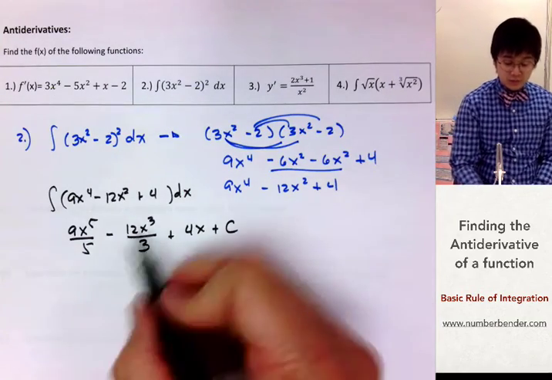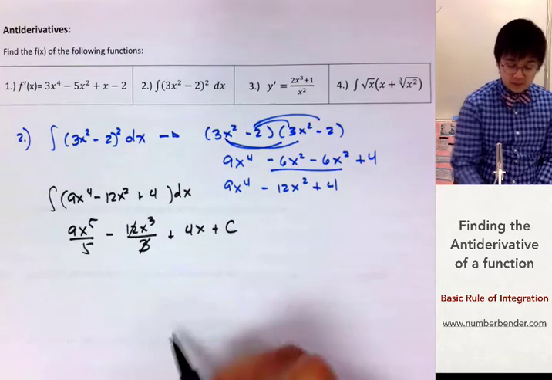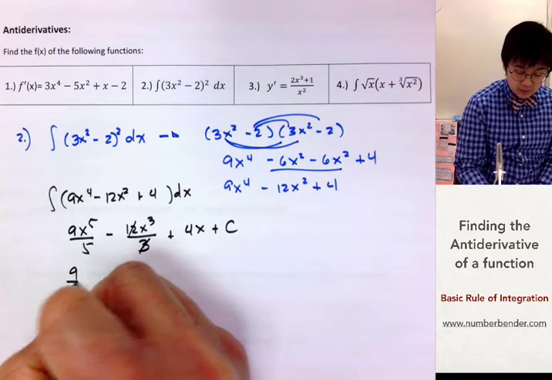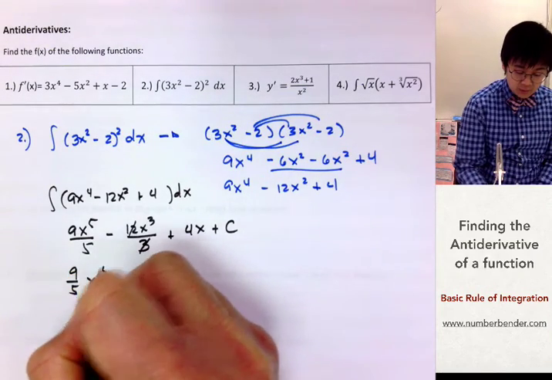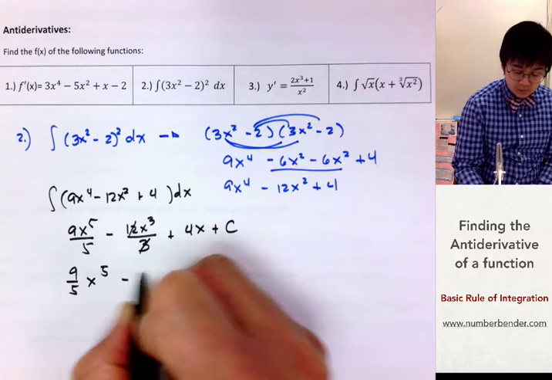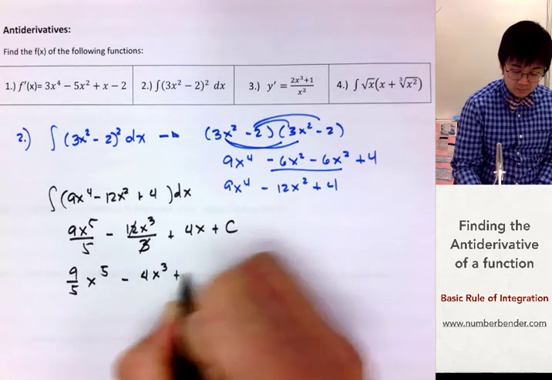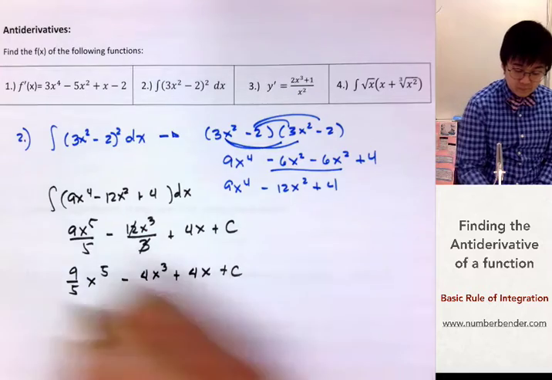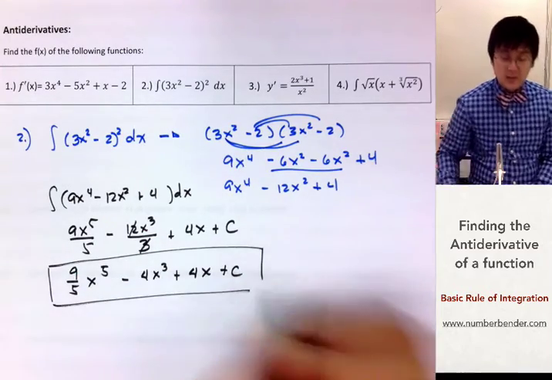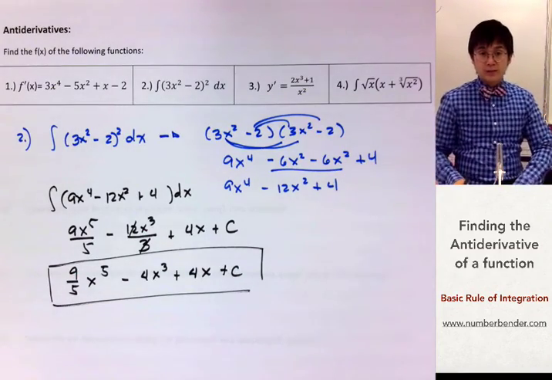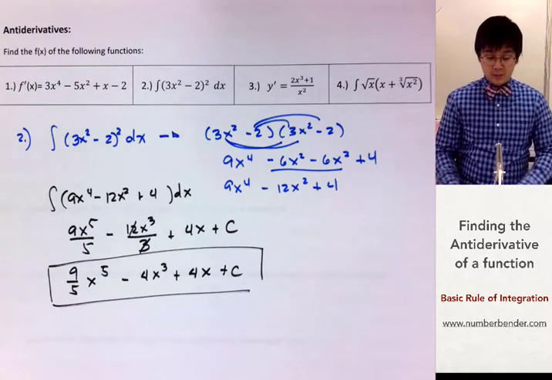If you want to simplify this, we can change it into 9 over 5 x to the 5th minus 4x cubed plus 4x plus c. So this is how we find the antiderivative of problem number 2 by expansion.